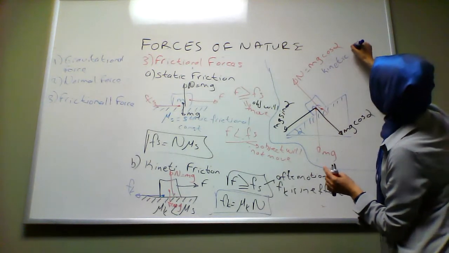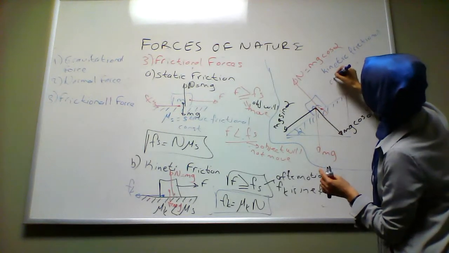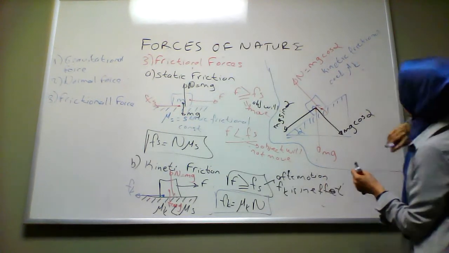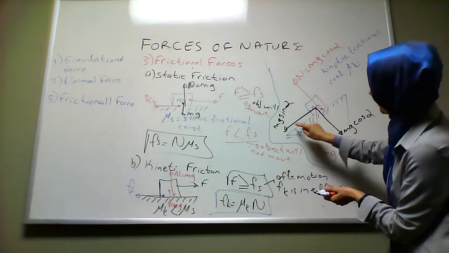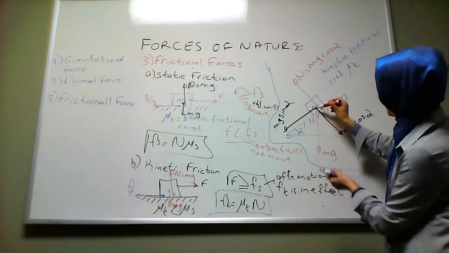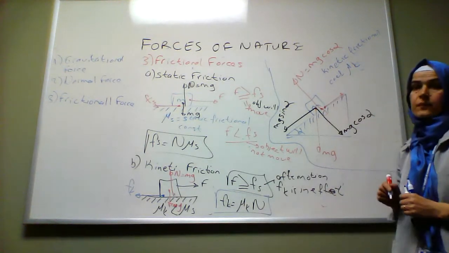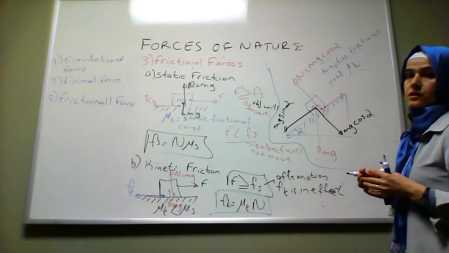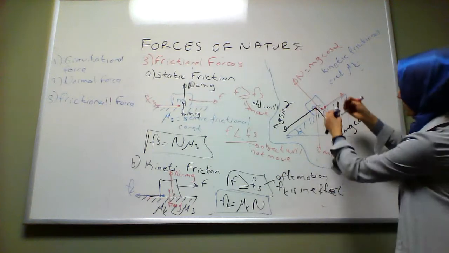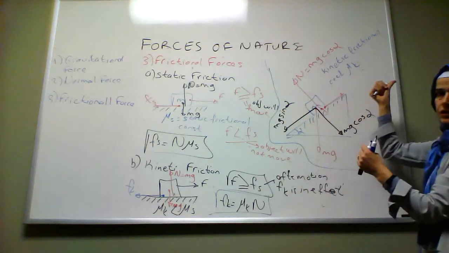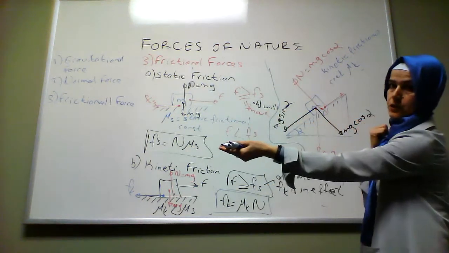So kinetic frictional coefficient mu k, and there's friction in here. To find the frictional force acting on this object, this object will be trying to move down. The frictional force will always be opposite to the direction the object is trying to move. If it's trying to move down in here, it will be the opposite direction. If the object is trying to move to the right with a force, the frictional force is opposite to it.